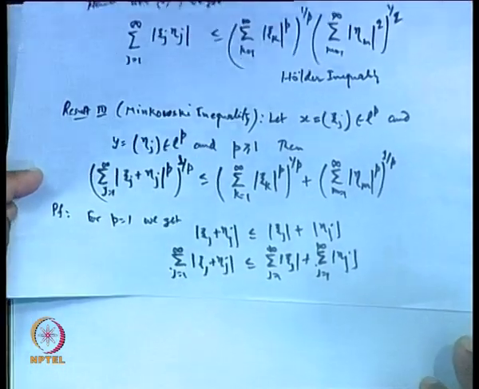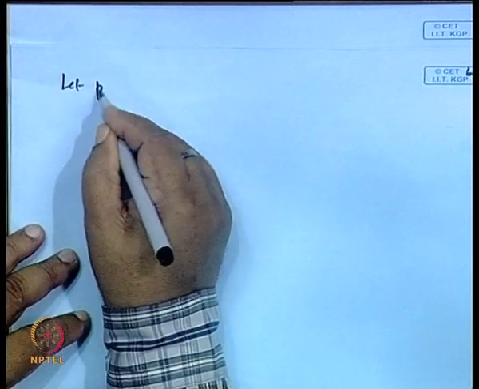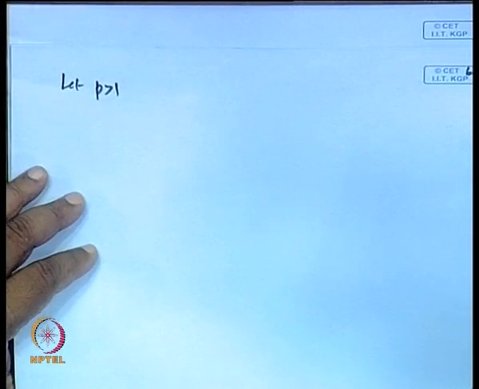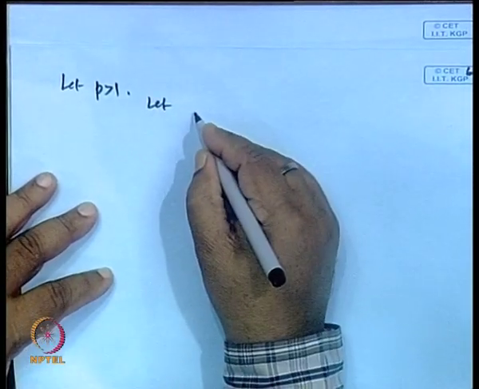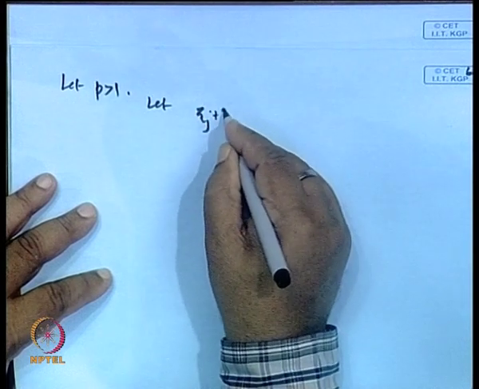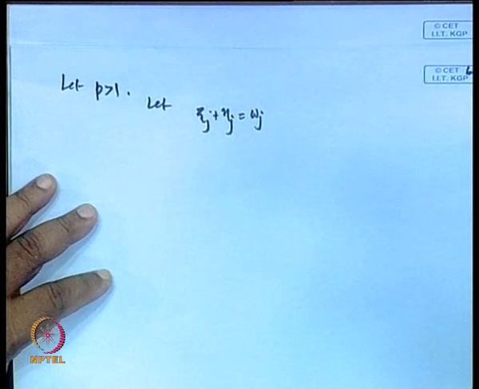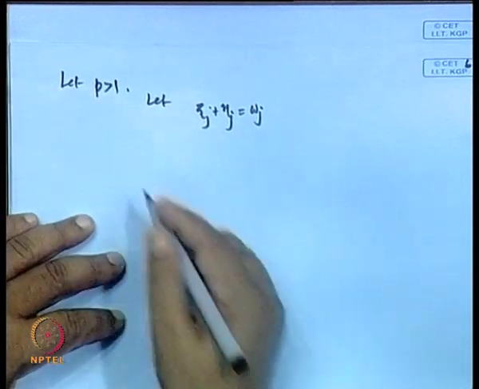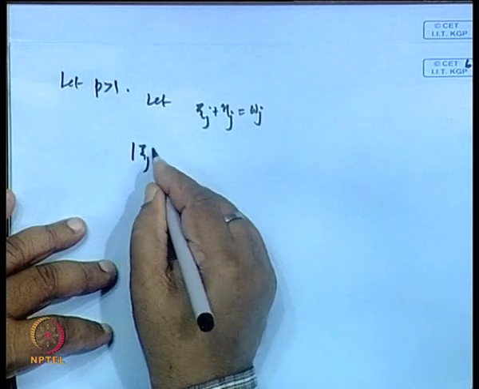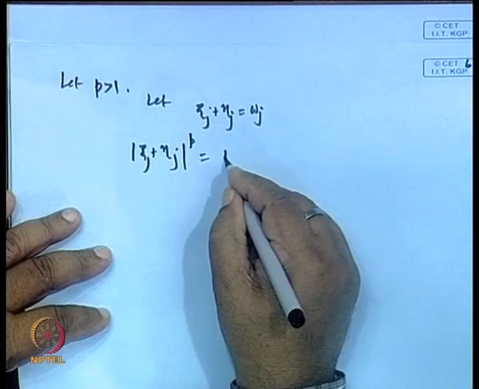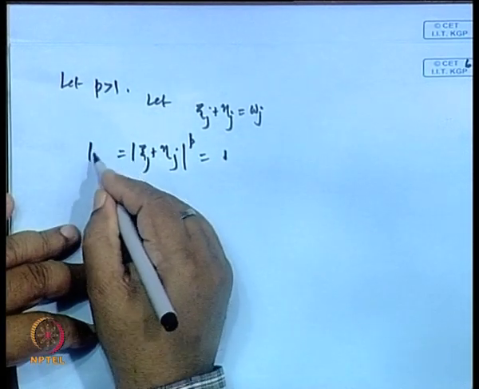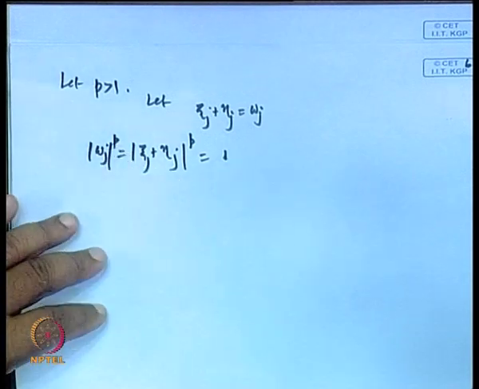Then now, let us take p greater than 1. Okay. Now, to simplify the formula, let us take ξ_j plus η_j as ω_j. Okay. So, |ξ_j + η_j|^p will be the same as |ω_j|^p.